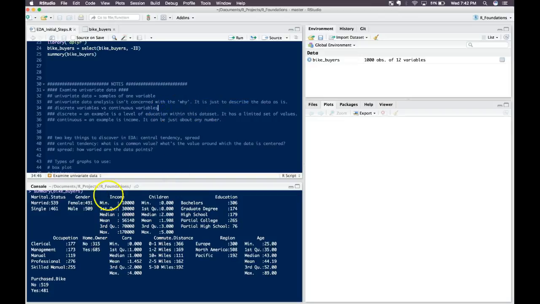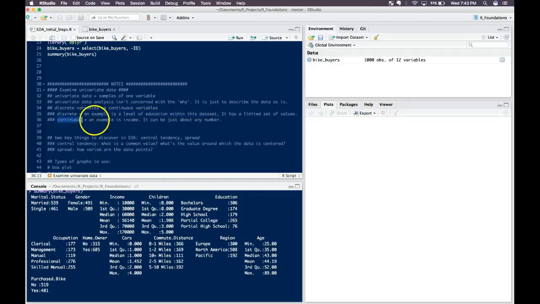So when it comes to these variables, there are 2 basic types of variables that we come across. The 2 variables are discrete variables and continuous variables. Now what's the difference between those? It's really simple. A discrete variable, a good example in this data set is education. When it says it's discrete, it means the value has to be within one of these categories. You can think of it like a category.